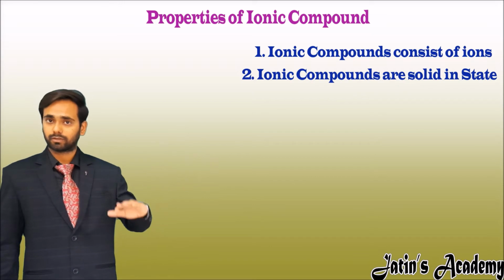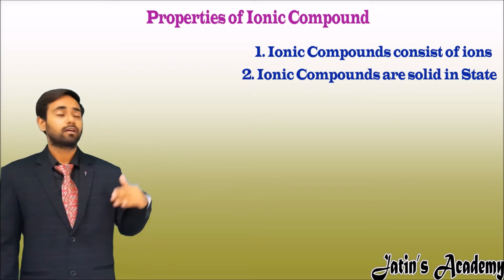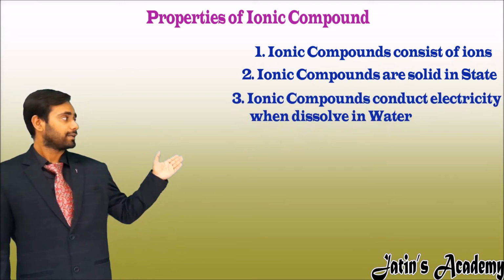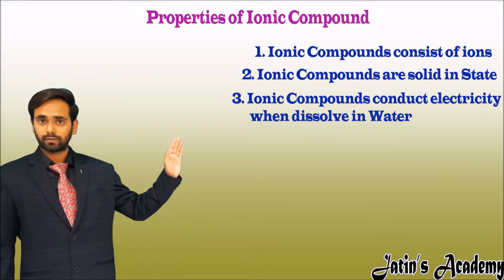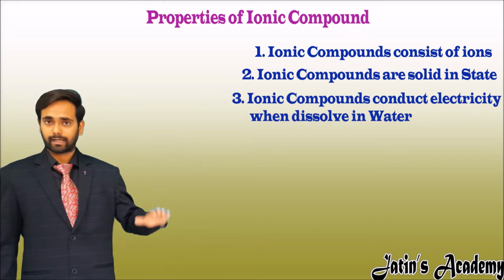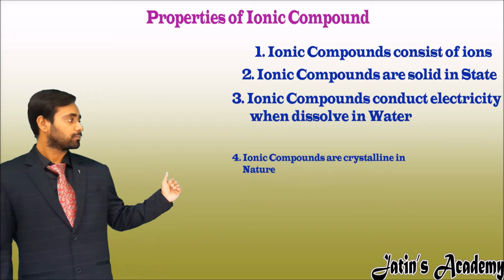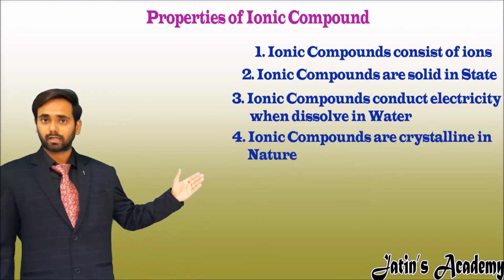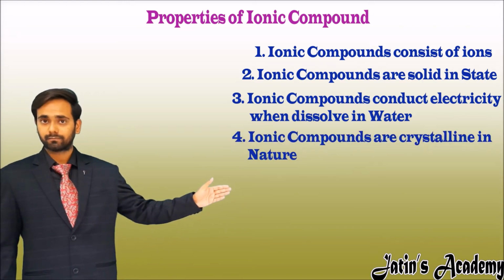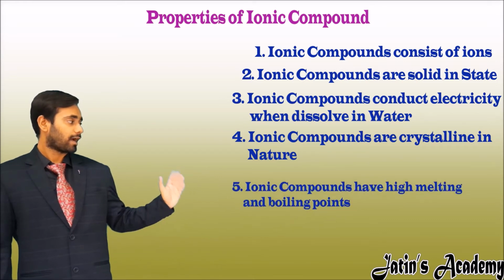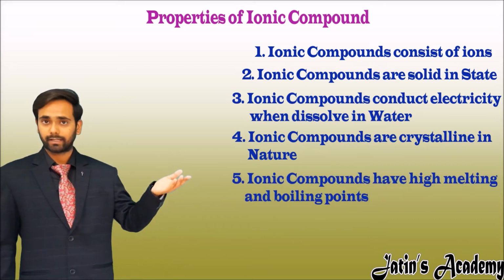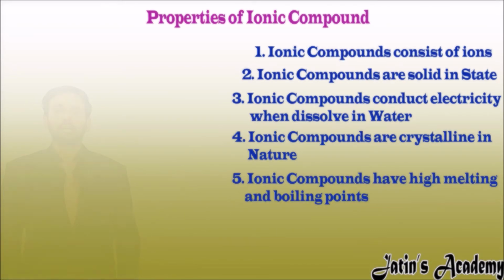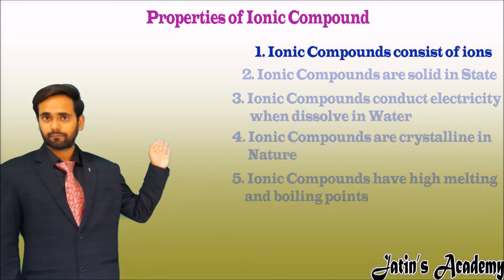We have seen sodium chloride, that is solid. Third, ionic compounds when dissolved in water conduct electricity. Fourth, ionic compounds are crystalline in nature. And the last point is ionic compounds have high melting and boiling points. Now let's understand these properties one by one.